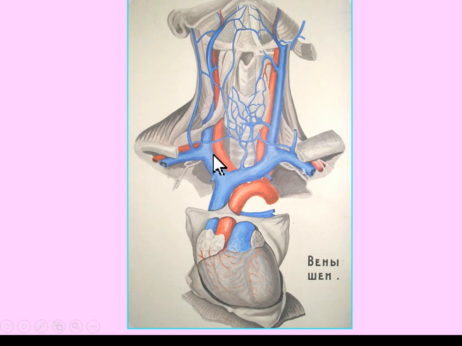Each brachiocephalic vein forms from the internal jugular and subclavian vein. Subclavian vein. What we can see is the superior vena cava and its tributaries, right brachiocephalic, left brachiocephalic vein, each brachiocephalic from internal jugular and subclavian veins.